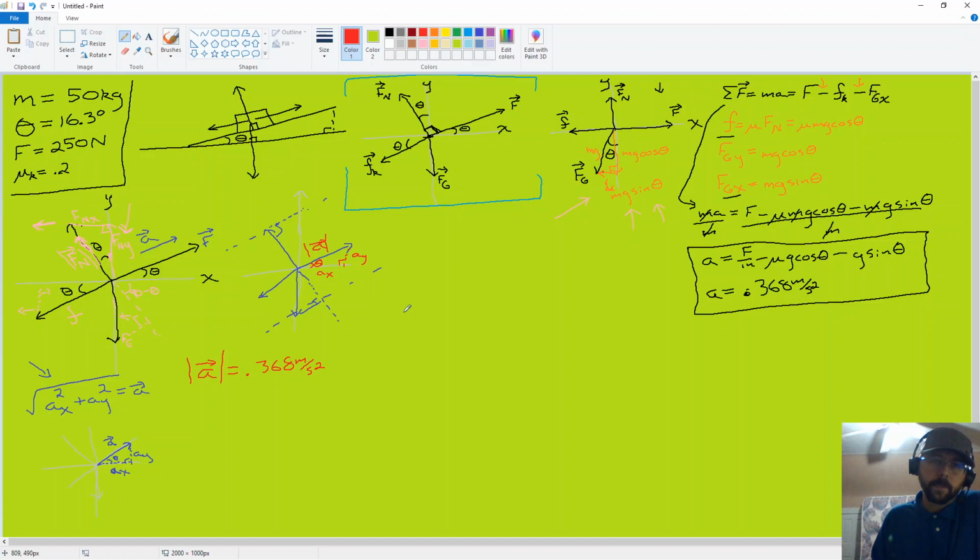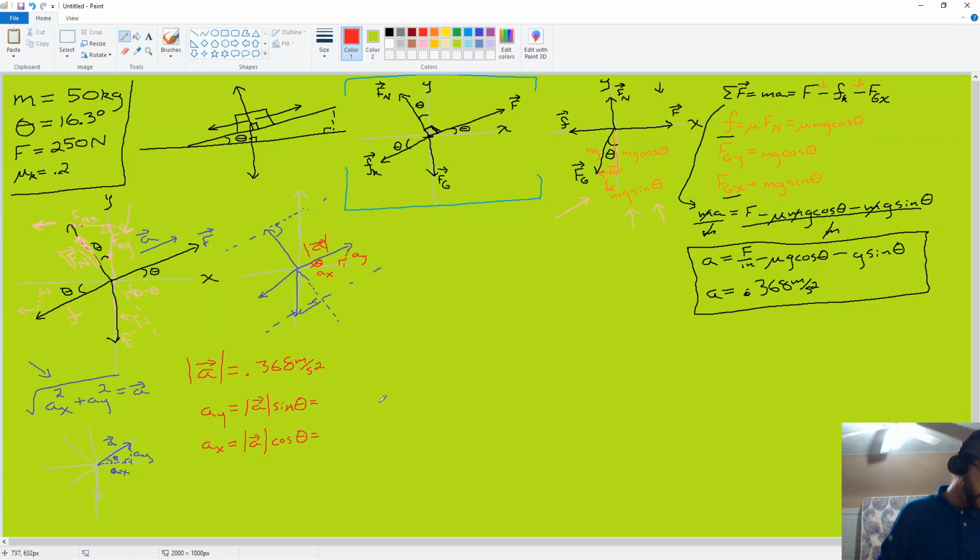So now I can use trig to say that AY equals the magnitude of the acceleration vector times sine theta, AX equals magnitude of A times cosine of theta, which I think I already have those written down.